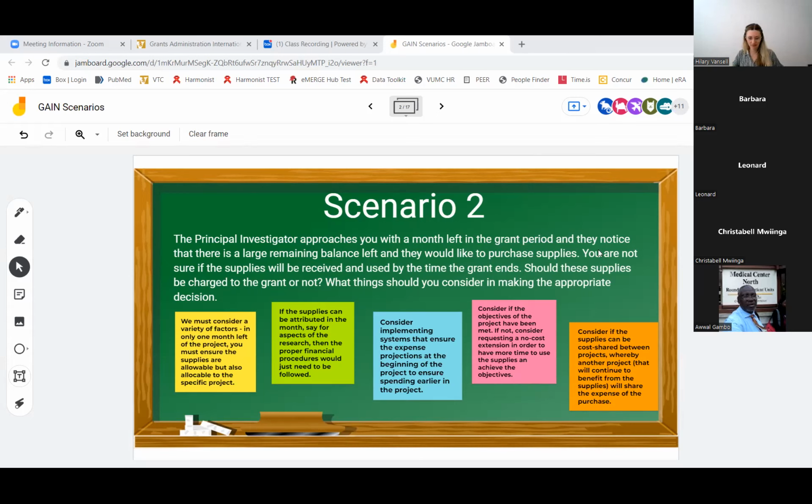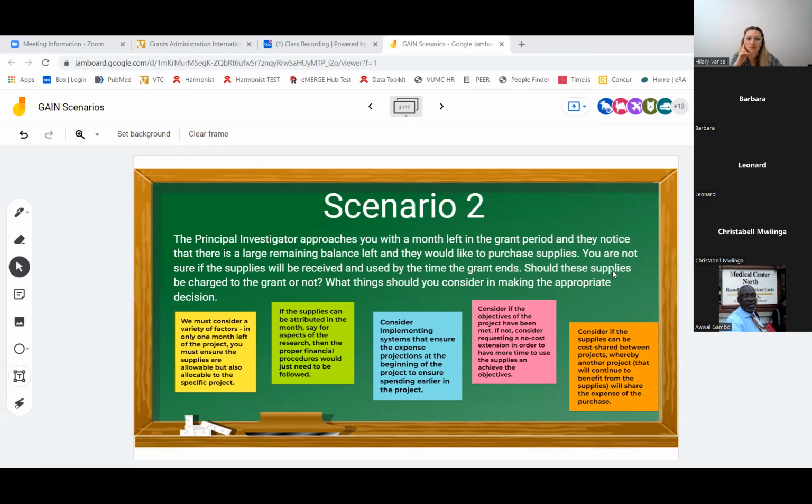Yeah, so from my end, I will consider a lot of factors. First of all, I would have a conversation with the PI to know at what point they intend to use the supplies.